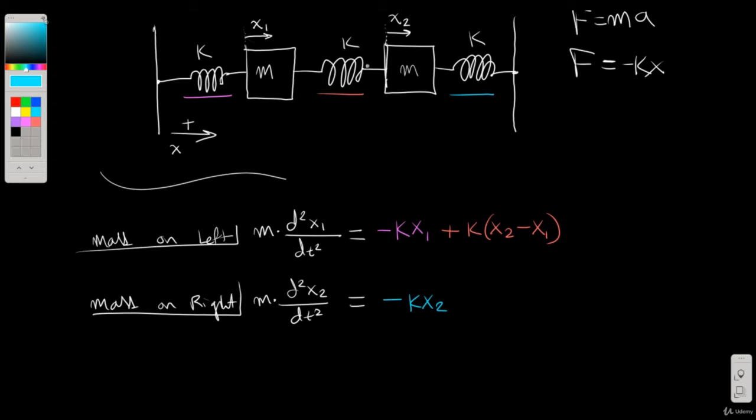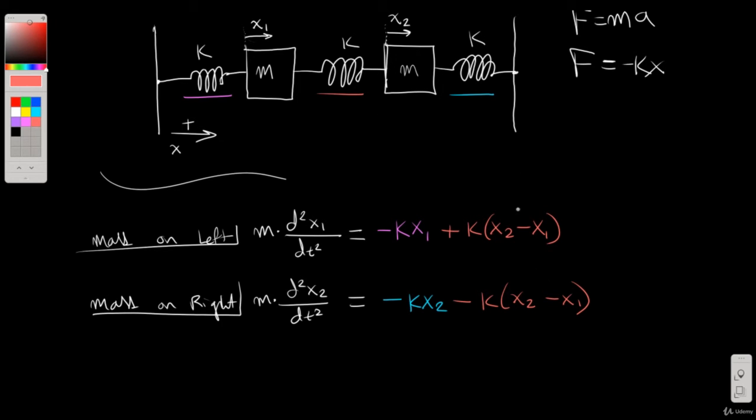And likewise with this particular spring, for the exact same argument that we made here, in this case we have minus k, I'm going to draw this orange once again, minus k times x2 minus x1, right?